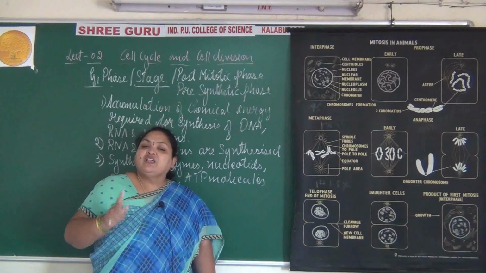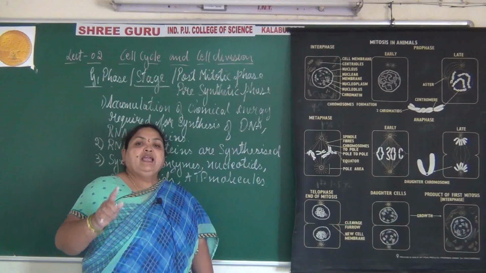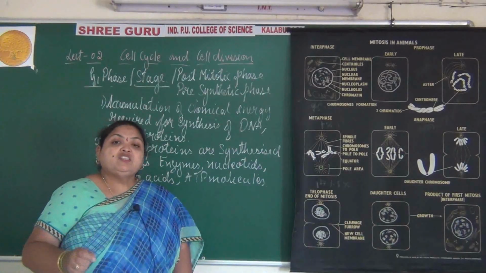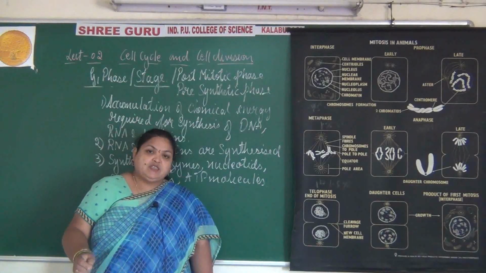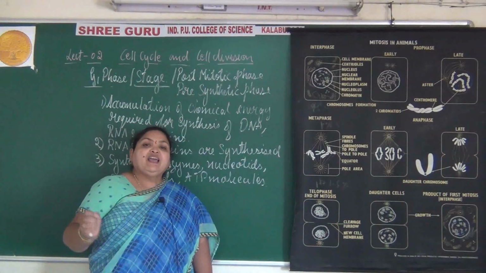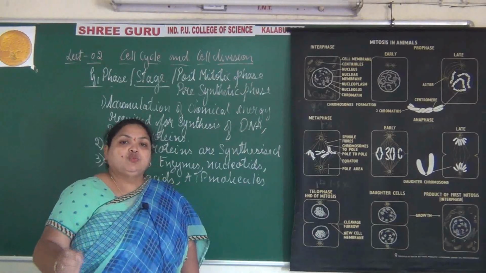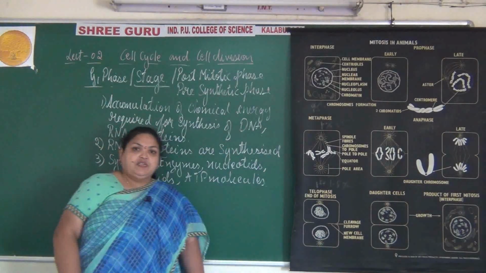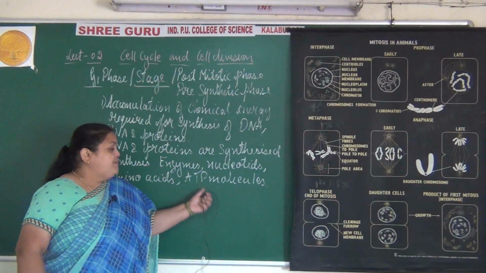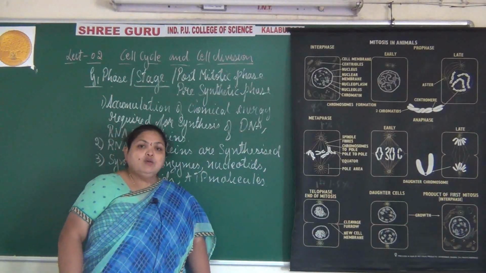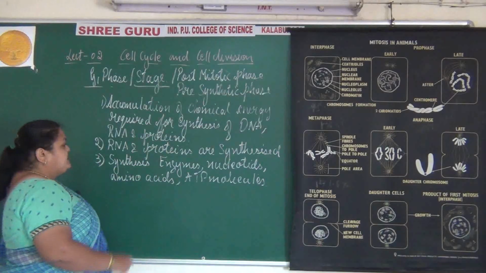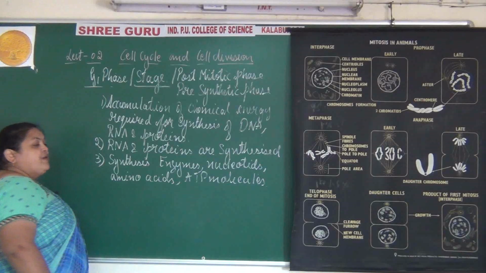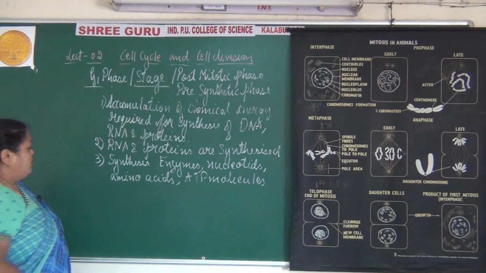Because it is involved in the synthesis of ATP, adenosine triphosphate, which is an energy component that provides energy to the cell to do the life activities or to carry out the metabolic activities. So here the ATP molecules are also synthesized. So it synthesizes enzymes, nucleotides, amino acids and ATP molecules.